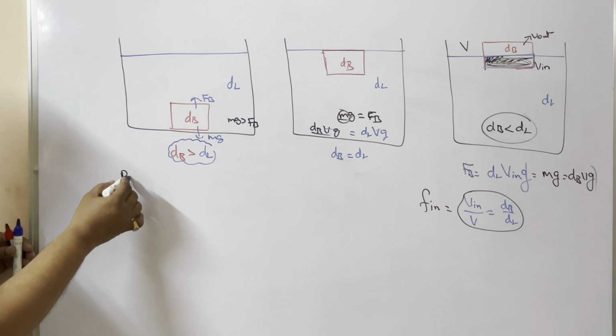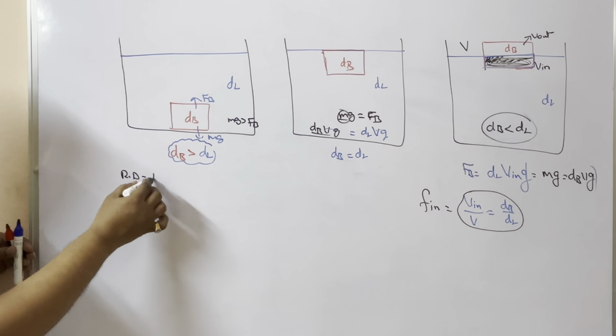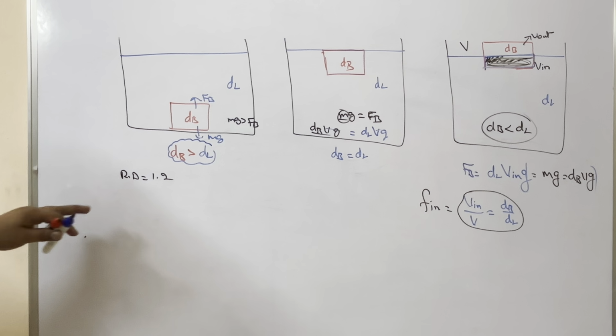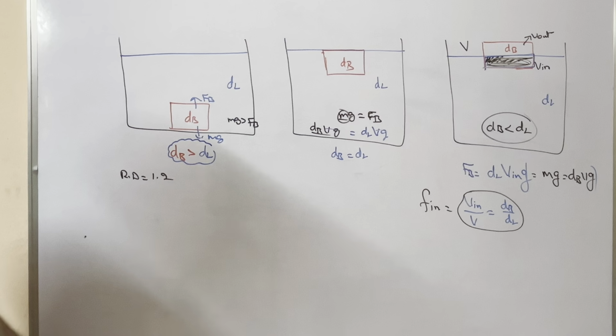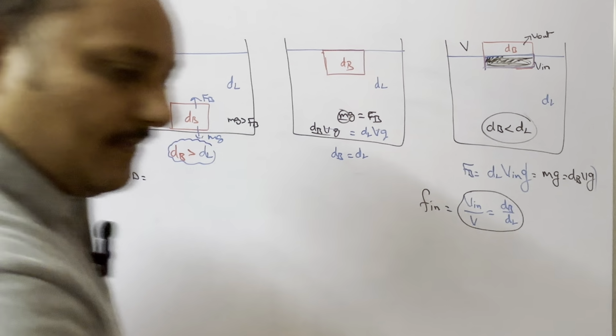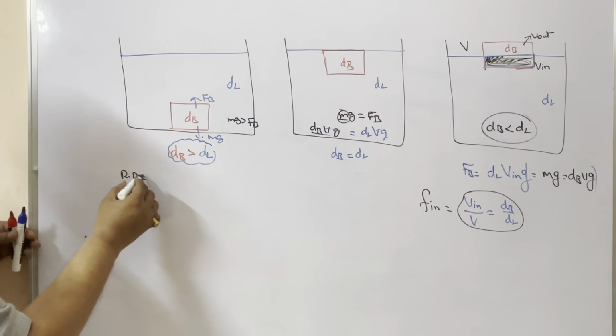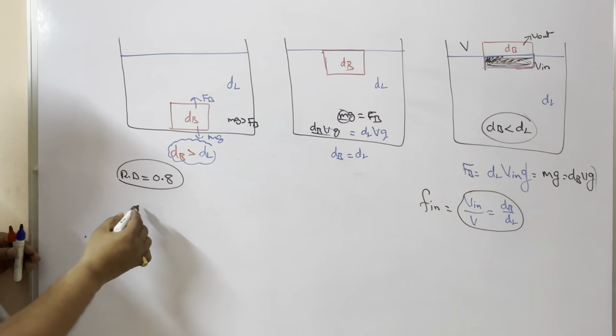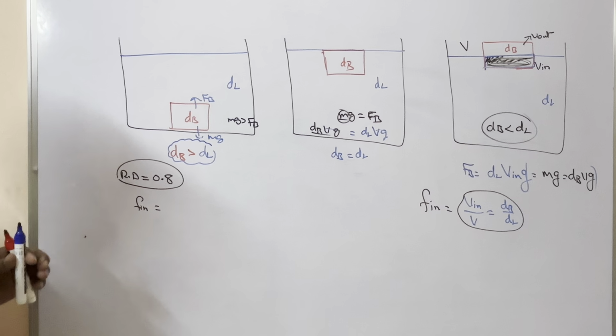The relative density of the object is 1.2, or 0.9 you can take, or 0.8. Let the relative density of the object be 0.8. Then find the percentage of the fraction of volume inside the liquid.